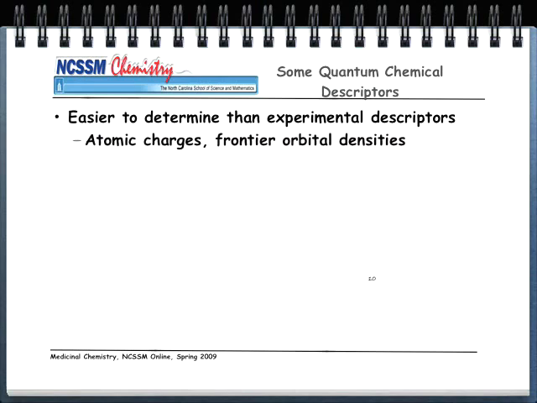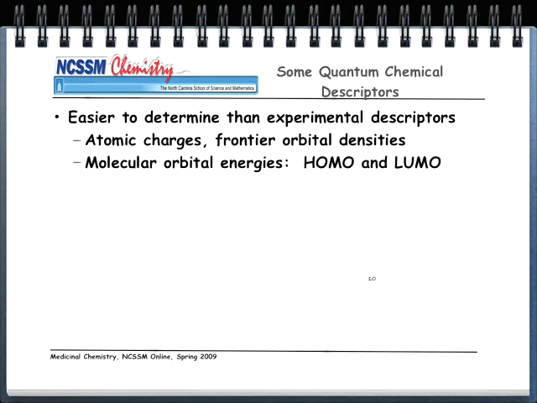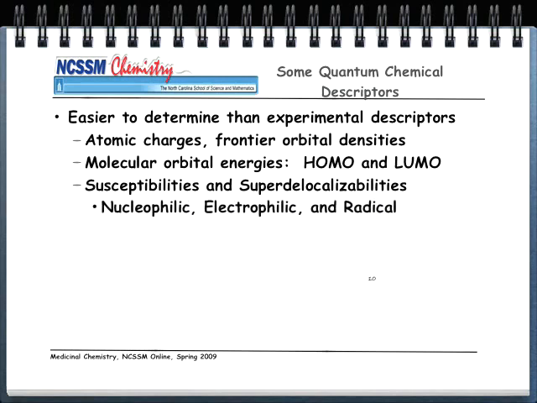Okay, so things like atomic charges, the frontier orbital densities, the HOMO or LUMO values, the molecular orbital energies, again, HOMO or LUMO, these are all examples of quantum chemical descriptors. We didn't talk about this in the Comp Chem course, things like susceptibilities and superdelocalizabilities. Say that word fast 3 times, okay? Looking at, for example, nucleophilic, electrophilic, and radical susceptibilities. Again, not a topic we covered in the Comp Chem course.